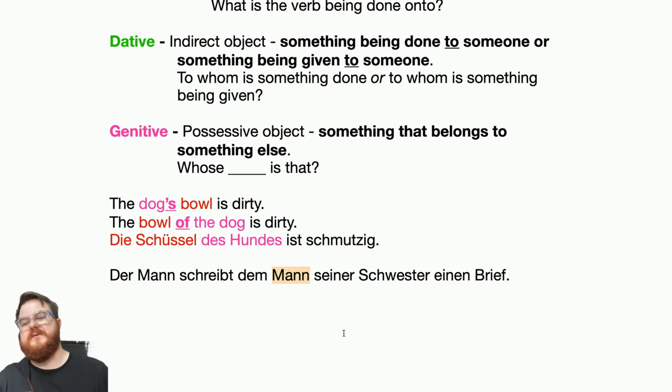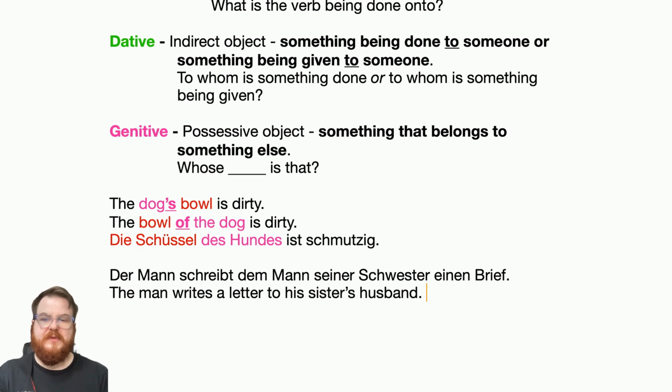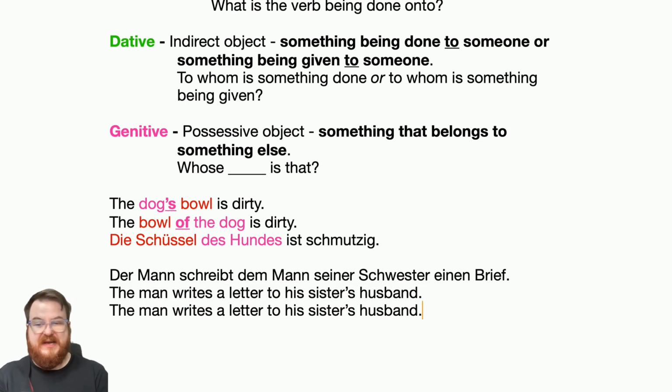Yeah, okay. So in this, the first word man, we translate it as man. Okay, so the man writes a letter to his sister's husband. And we can also put that the other way around in English, which is exactly what we're going to do now, to the husband of his sister.